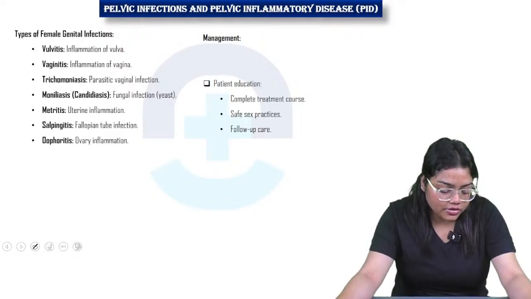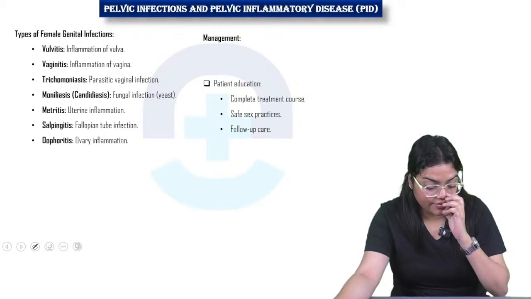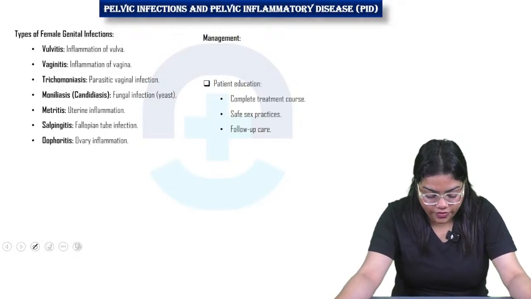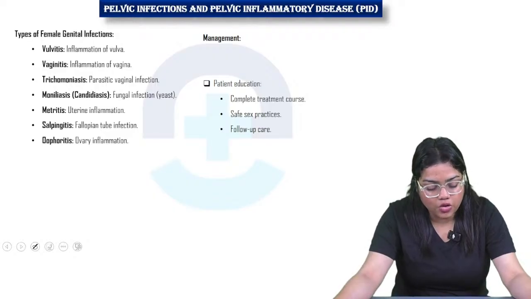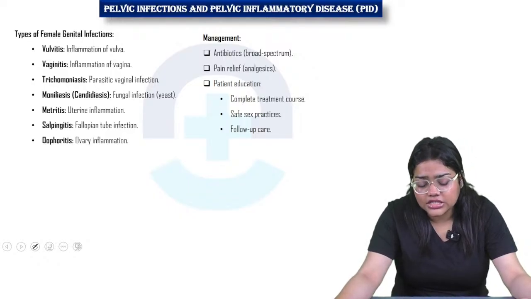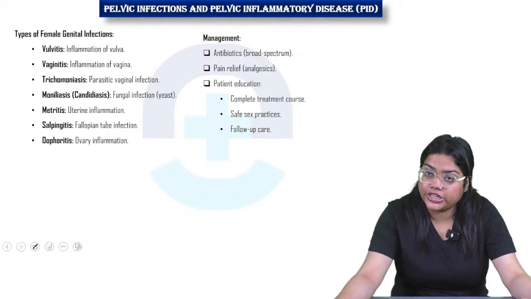Then metritis, it is actually called uterine inflammation. Then salpingitis, a fallopian tube infection, and oophoritis is ovary inflammation. Okay, so how can we manage this kind of infection and inflammatory diseases?